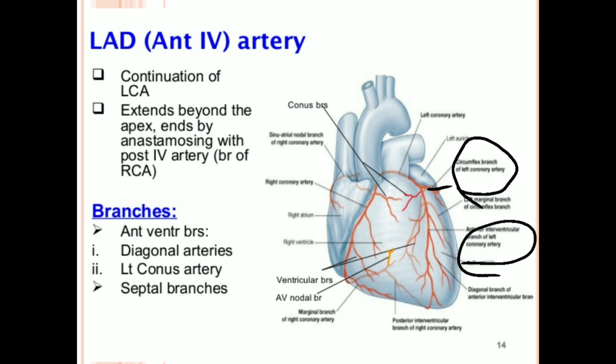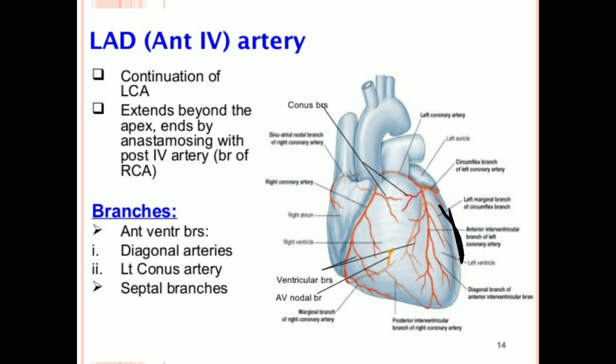So what are the branches coming from it? One branch of the circumflex you are seeing is called the left marginal branch of the circumflex artery. This left marginal artery descends along the left border of the heart and reaches up to the apex of the heart.